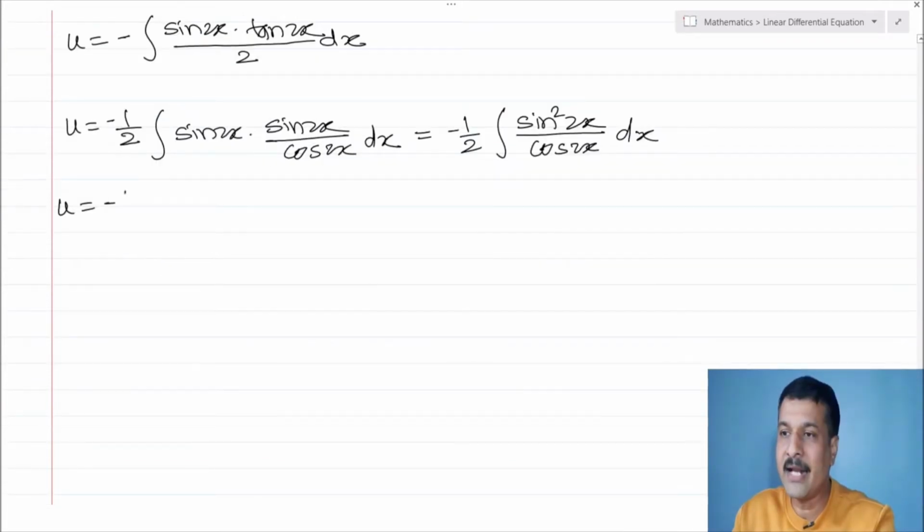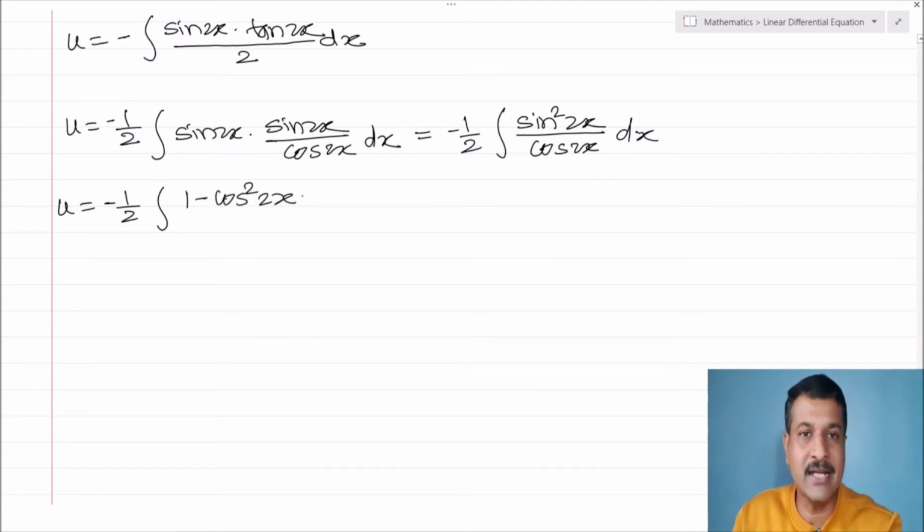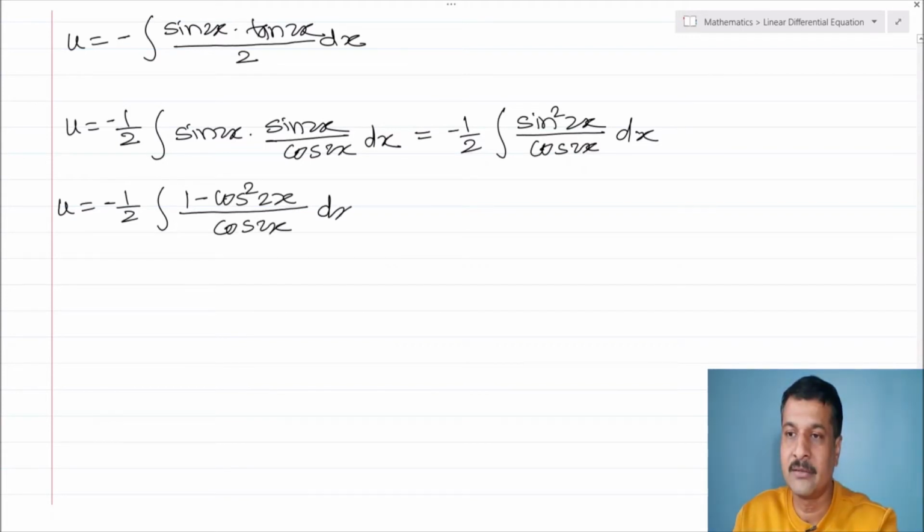I can write this sin square as 1 minus cos square, because sin square theta plus cos square theta equals 1. Therefore, sin square 2x is nothing but 1 minus cos square 2x upon cos 2x. So separate it, and that is nothing but minus 1 by 2, as it is, integration of 1 by cos 2x.